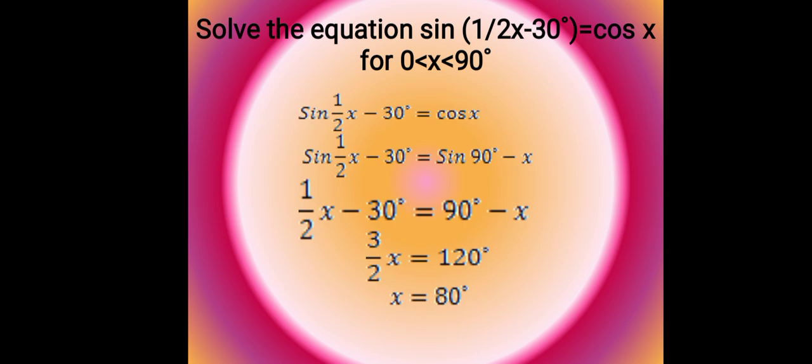Now we know sine of (half x minus 30) being equal to cos x just means sine of (half x minus 30) is equal to sine of (90 minus x). Now I have equated the sines on both sides. We drop the sines and then solve for x. So a half x minus 30 is equal to 90 minus x. X is equal to 80 degrees.